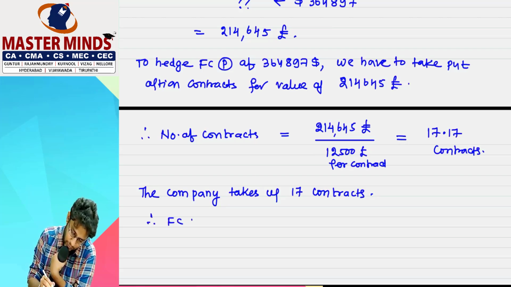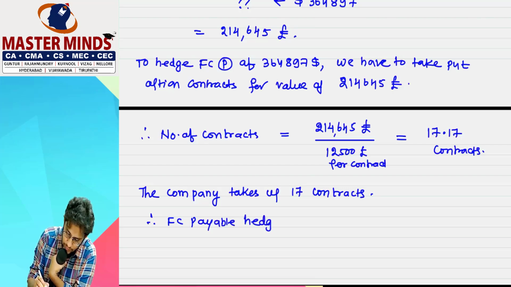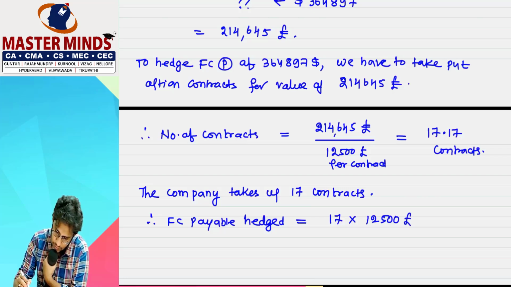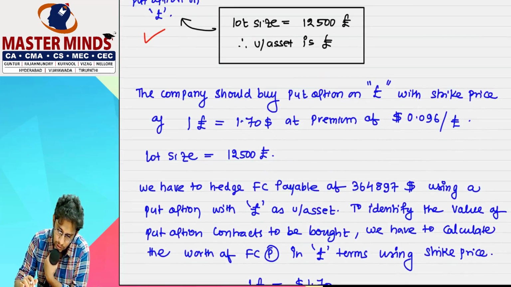Therefore, FC payable hedged is equal to 17 into 12,500 pounds, into, sorry, 1 second, what is the value per pound, sir?